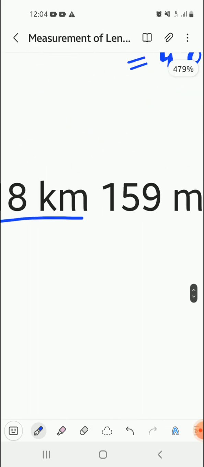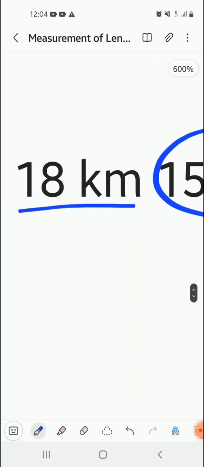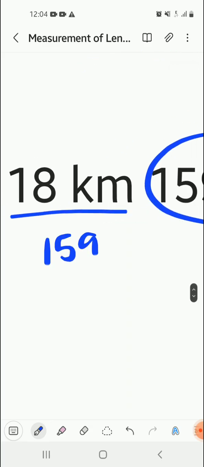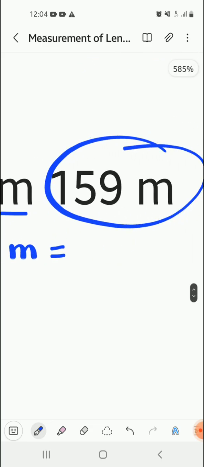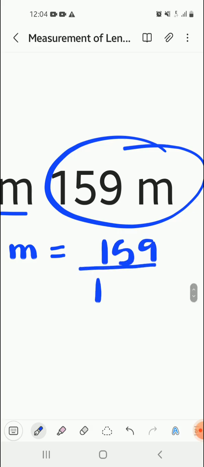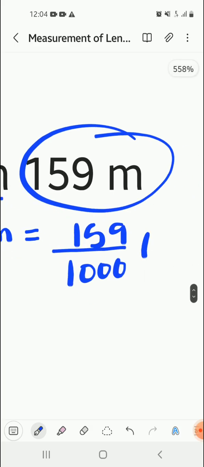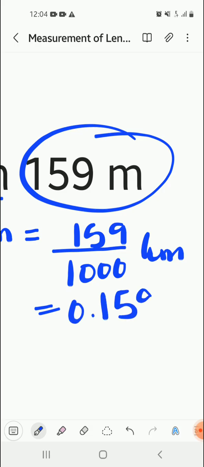Moving on to the next question, 18 kilometer 159 meter. Once again, this is already converted, only convert this part, 159 meter. So 159 meter is equal to 159 by 1000 kilometer, which is equal to 0.159 kilometer.